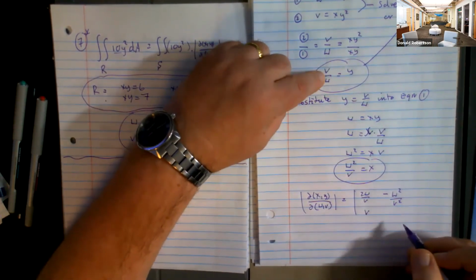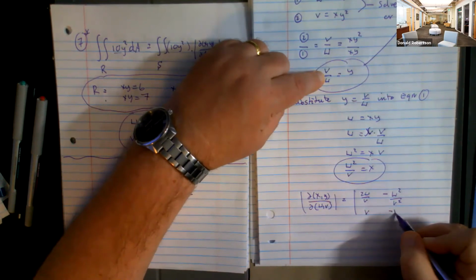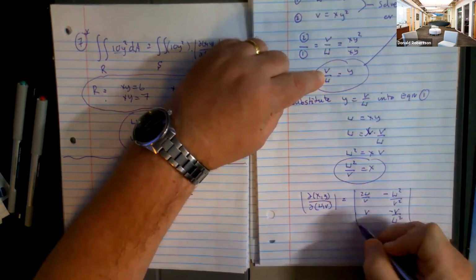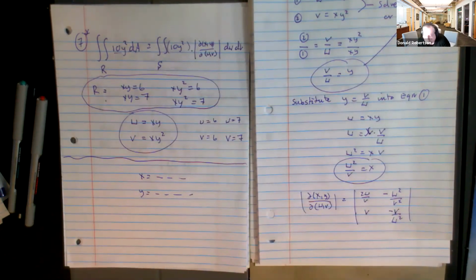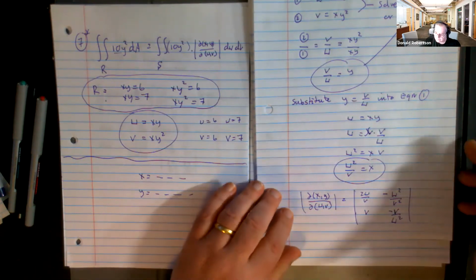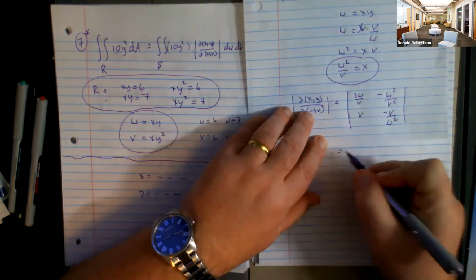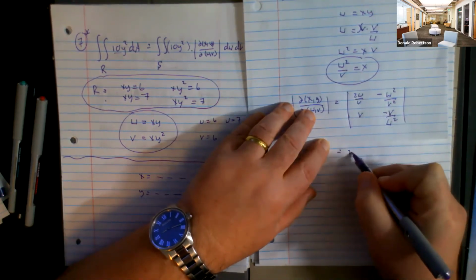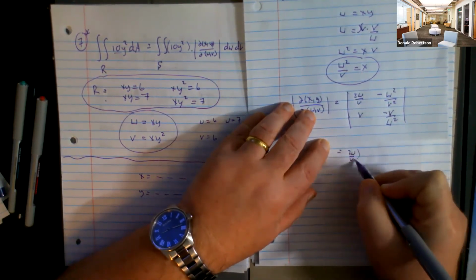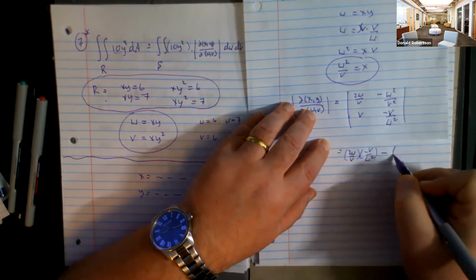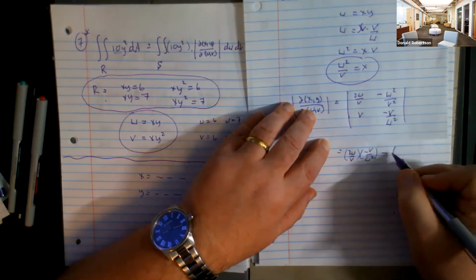And this guy with v gets me negative v over u squared. Does that look good? Now, major diagonal 2u over v times v over u squared. Take away minor diagonal.